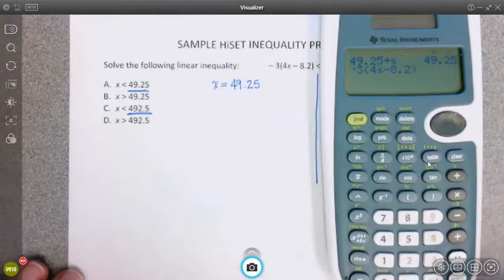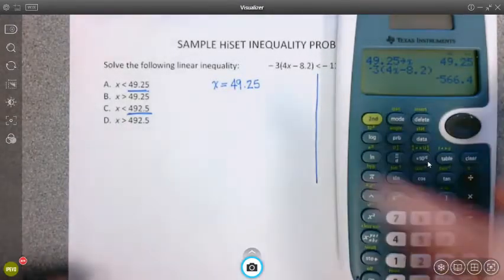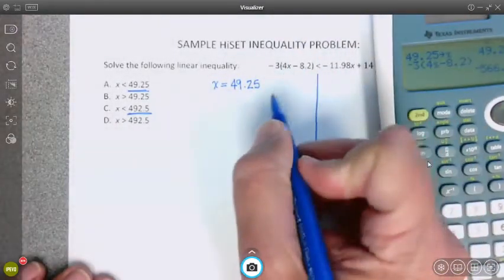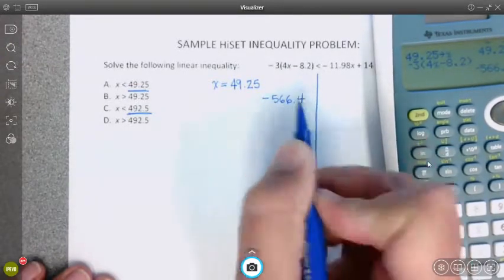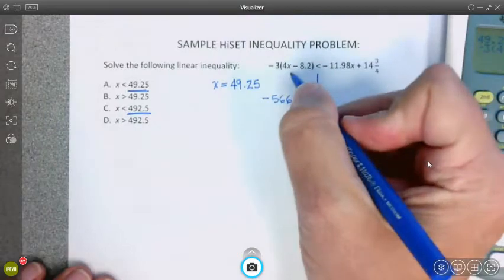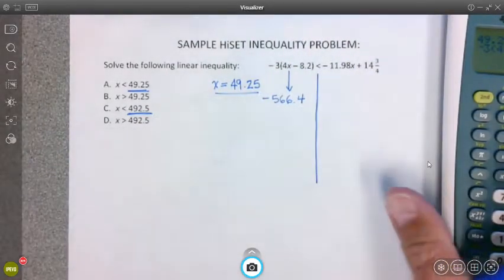I'm going to close the parenthesis, and then I'm going to hit the Enter key, and I get a value of -566 and 4/10ths. So let me put that value in here, -566 and 4/10ths. That is what this expression is equal to when x is 49 and 25/100ths.